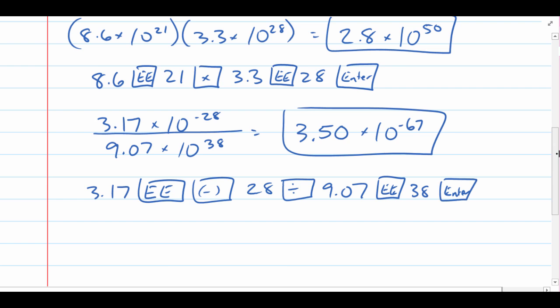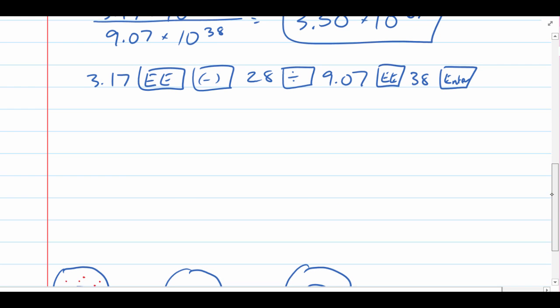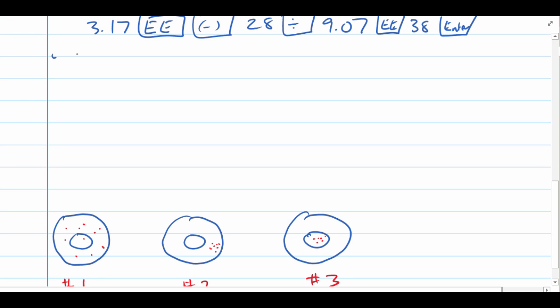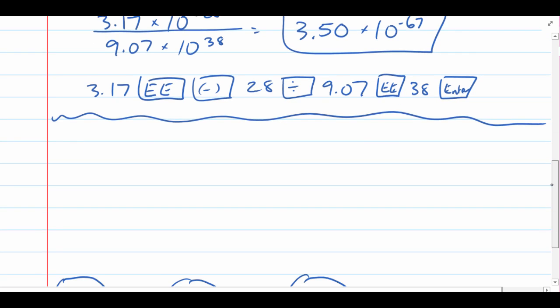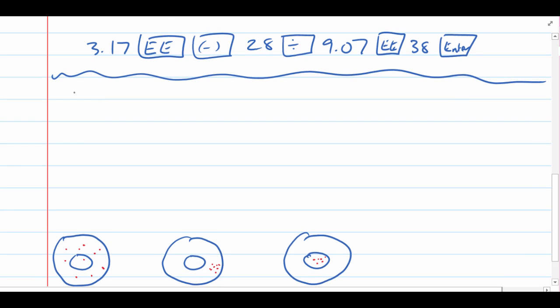Okay, next up. I have a couple figures down below here, and in these figures we're going to be looking at the terms accuracy and precision. And these are two words that are often confused with each other.